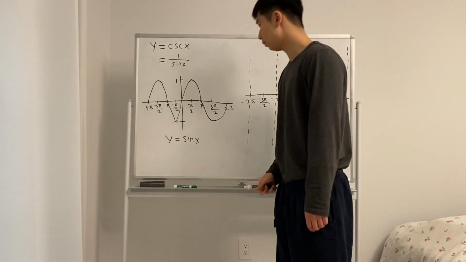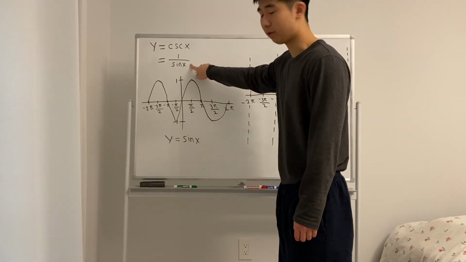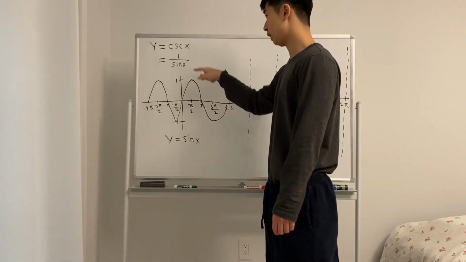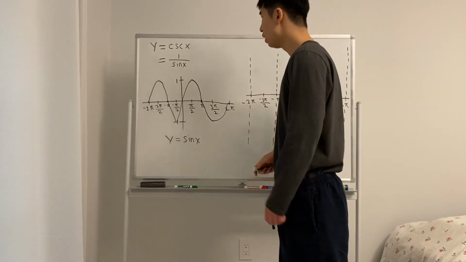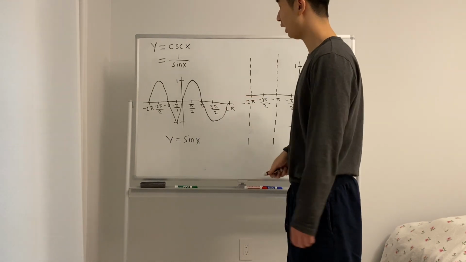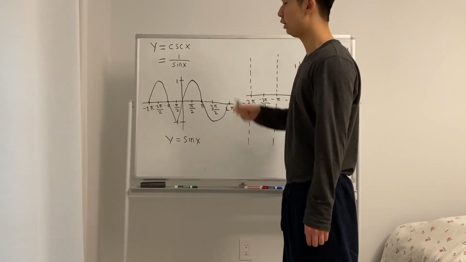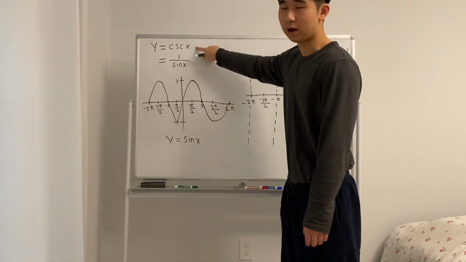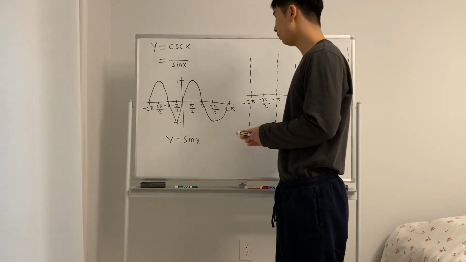For example, if we plug in pi for sine, we get 0, and if we do sine 2 pi, we also get 0, as shown by the graph. But if sine x is equal to 0 at pi and at 2 pi, that means we're doing 1 over 0, and 1 over 0 is undefined. So on the cosecant graph, we're going to have a vertical asymptote at an x-intercept. Hopefully that makes sense.